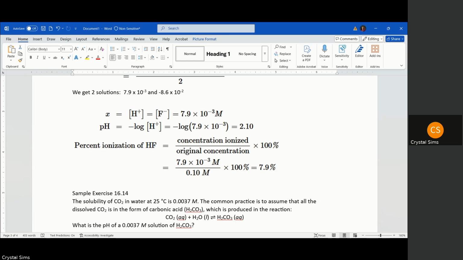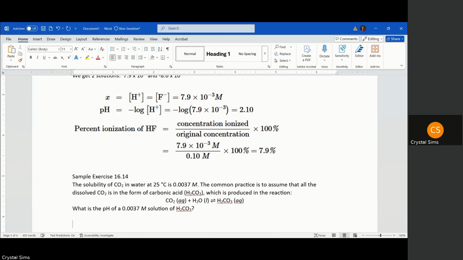Ka1 is 4.3 times 10 to the negative 7. So let me just make a little note here. So Ka1 is 4.3 times 10 to the negative 7. And then we also have a Ka2 value, that second dissociation constant.